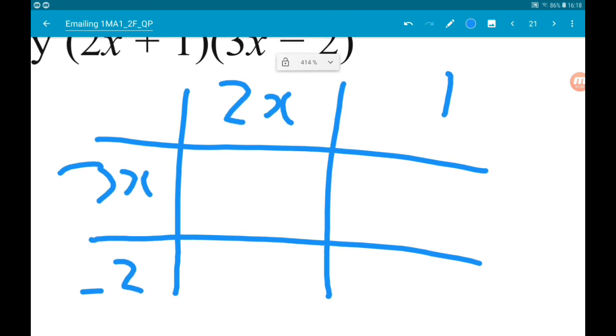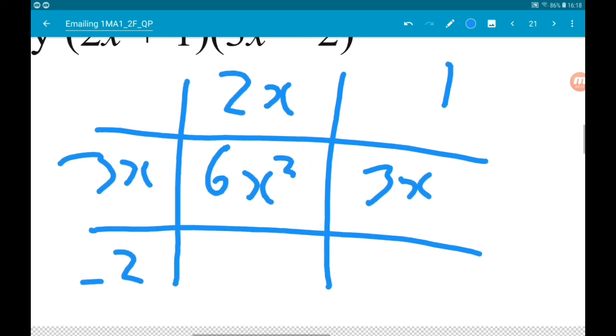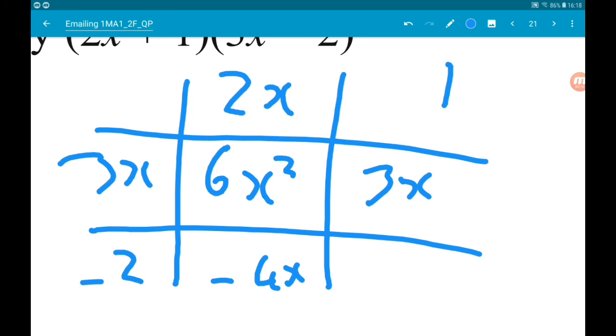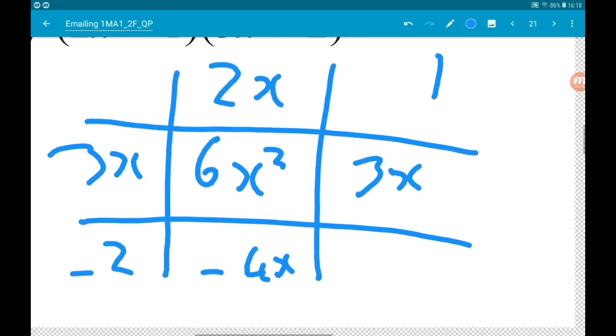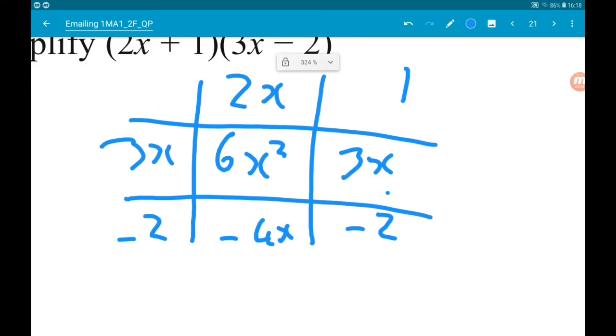So 3x times 2x is 6x squared. 3x times 1 is 3x. Minus 2 times 2x is minus 4x. And minus 2 times 1 is minus 2. So that's the expanding done.